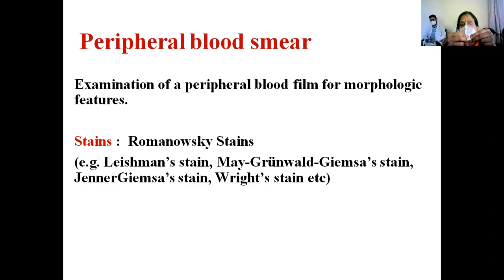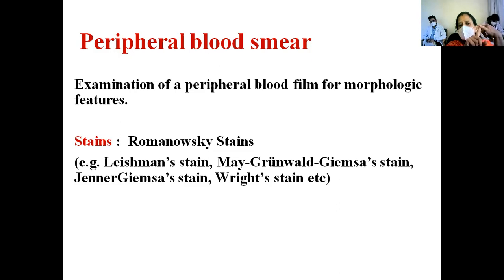So Romanowsky stains are stains that have a combination of methylene blue and eosin in varying proportions. Examples of Romanowsky stains are Leishman stain, Giemsa stain, Wright stain, Jenner stain. Okay. So we say Giemsa stain is a better nuclear stain, whereas Wright stain gives better cytoplasmic details.